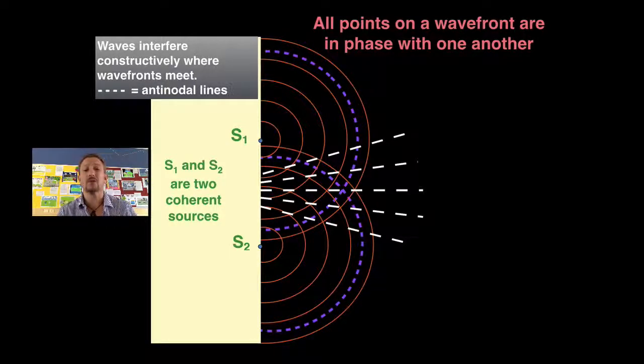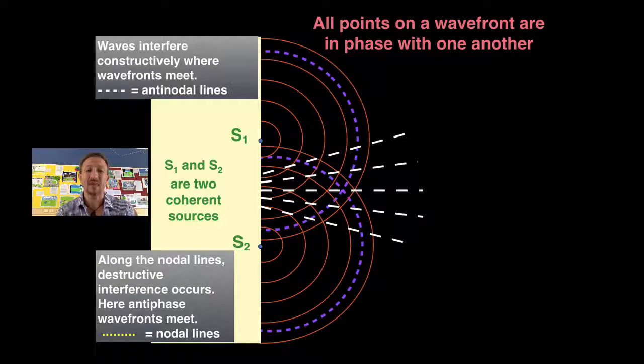Now you will also notice that there are areas where we're going to get trough meets crest. So you can see we're using the yellow lines, where, especially in the middle of those yellow lines, the purple lines cross over the orange lines of the wavefronts. I'm getting a trough meeting a crest.